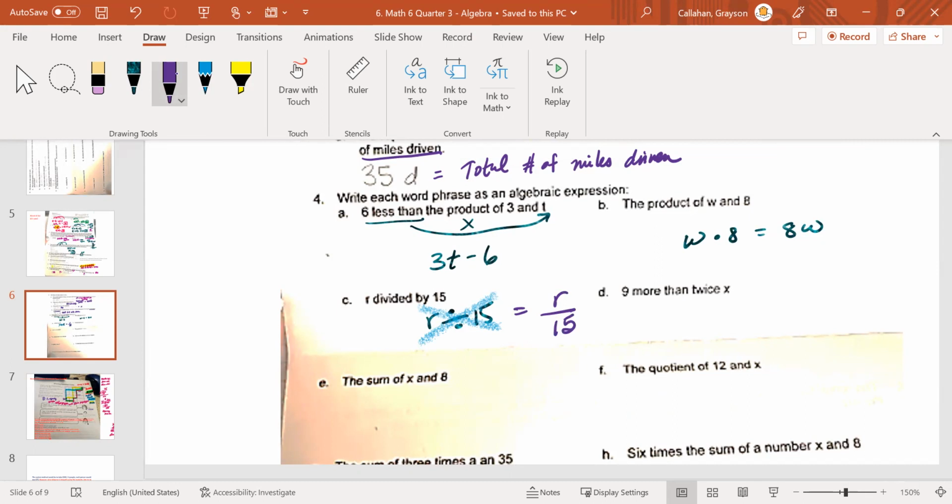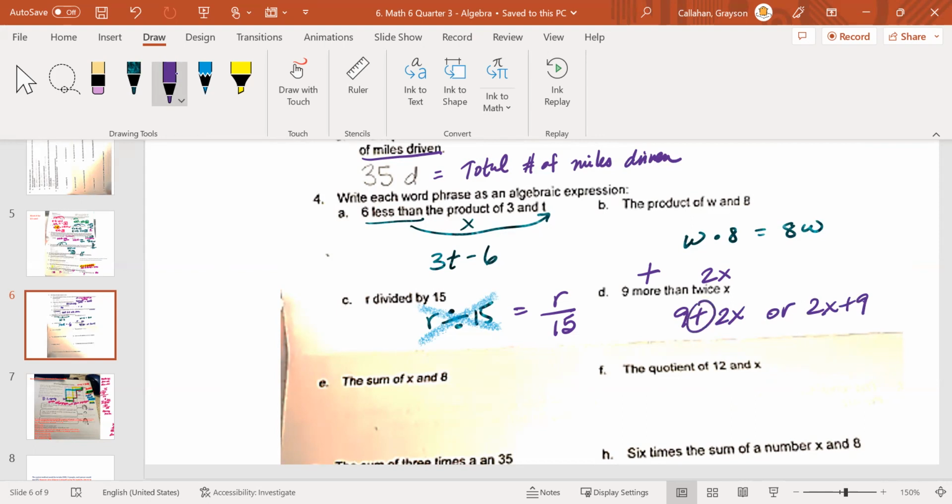9 more than twice x. So how would you write that? What was your answer? Nine more than twice x. Mm-hmm. 2x plus 9, or 9 plus 2x.